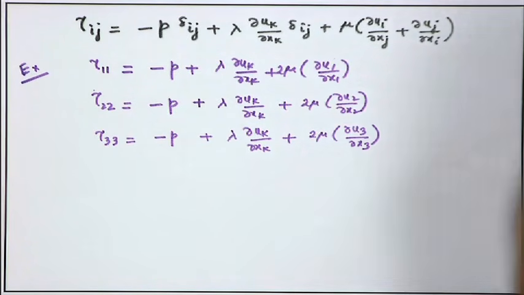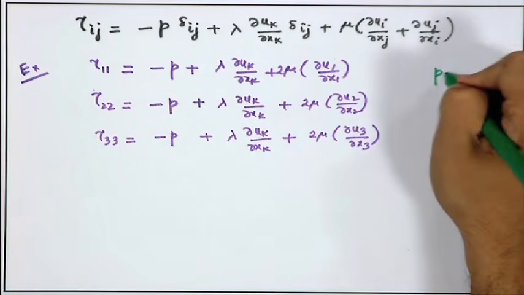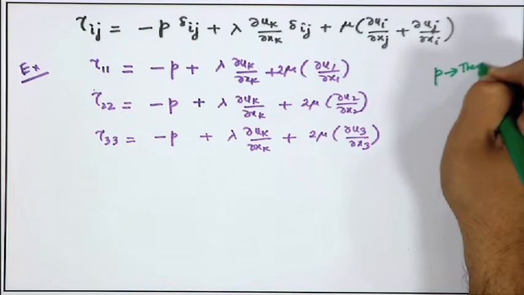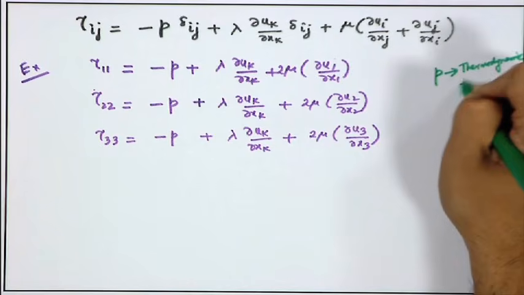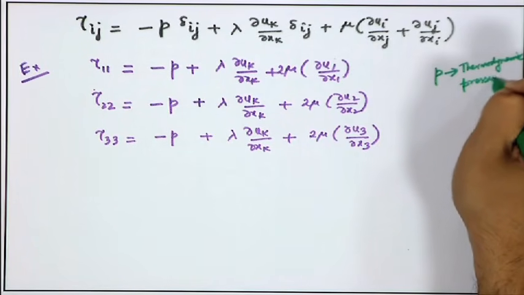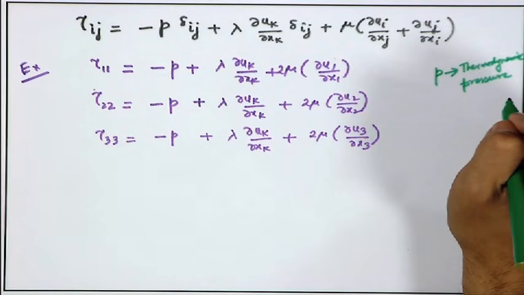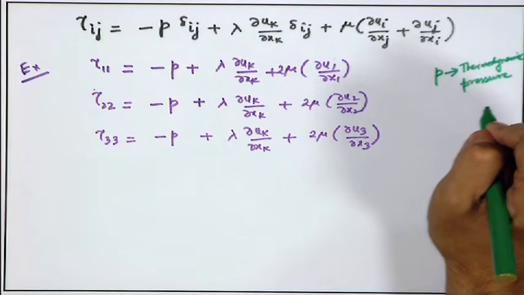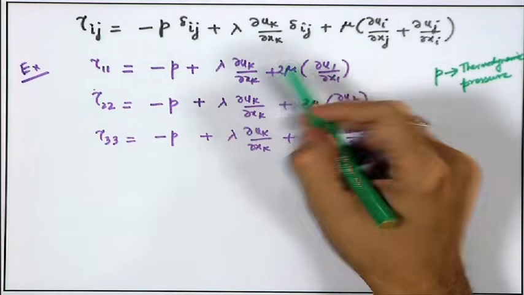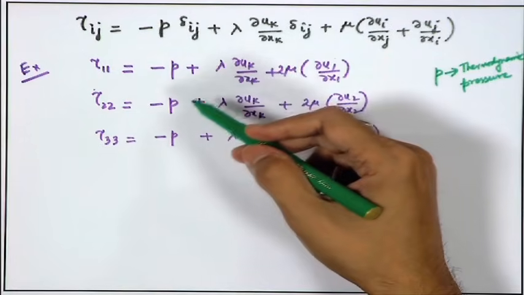Now this p, what we write here, is called the thermodynamic pressure. Why do we call it thermodynamic pressure? Because this pressure is related to the thermodynamic equation of state.